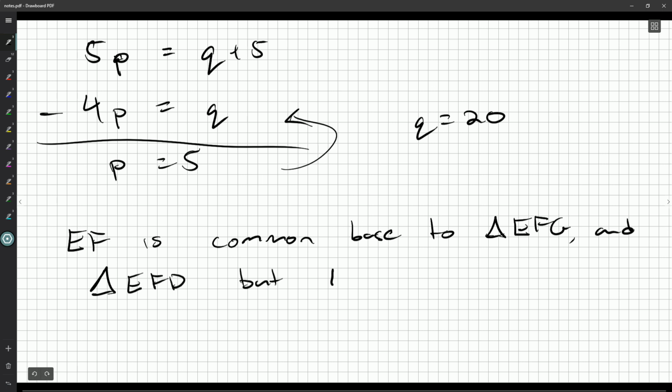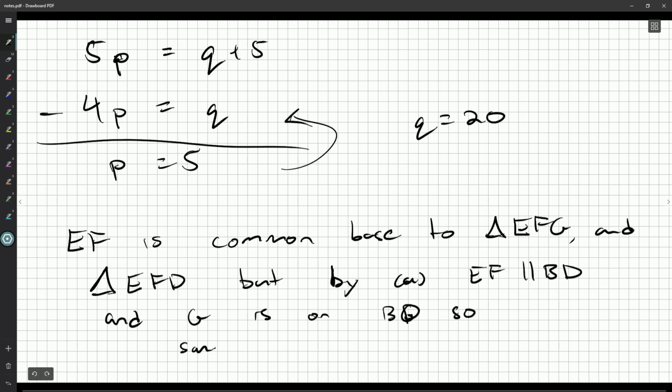But by A, EF is parallel to BD, and G is on BD. So same height.